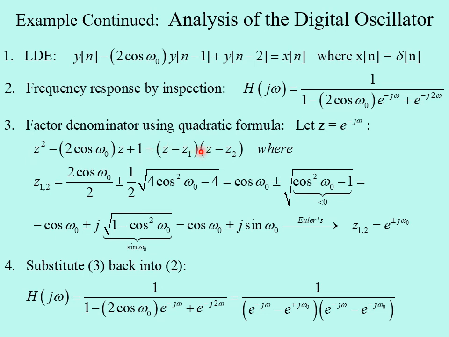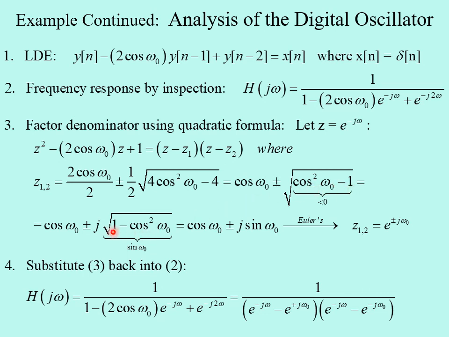And I'm going to factor it using the quadratic formula, which of course you're familiar with. It's minus b over 2a plus or minus 1 over 2a times the square root of b squared minus 4ac. When you plug all this in, you end up with this form here. Since the term inside the square root is negative, this is going to be an imaginary term.